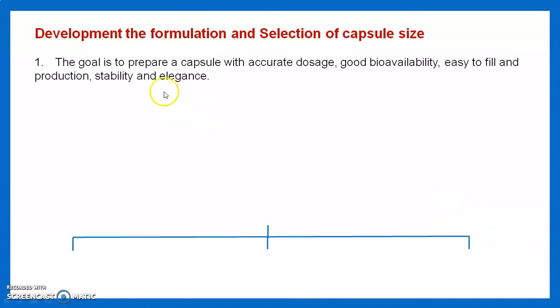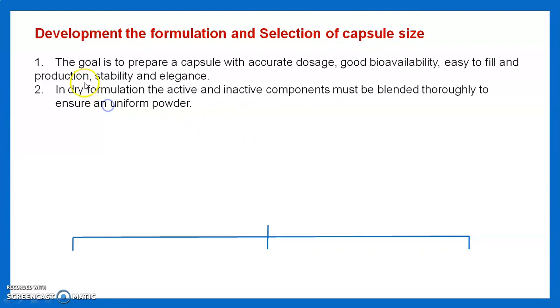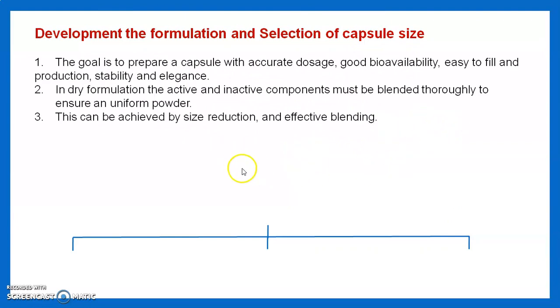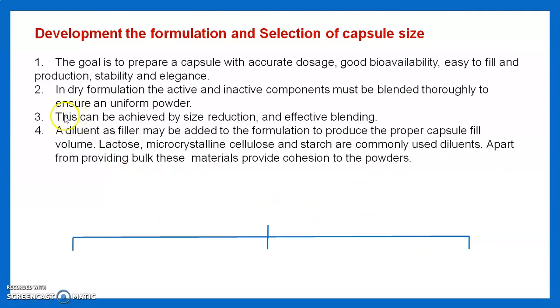Then we see the development of formulation and selection of the capsules. The goal is to prepare a capsule with accurate dosage, good bioavailability, ease of filling, production, stability and elegance. In a dry formulation, the active and inactive components must be blended throughout to ensure a uniform powder.